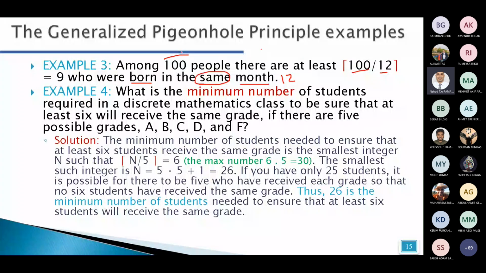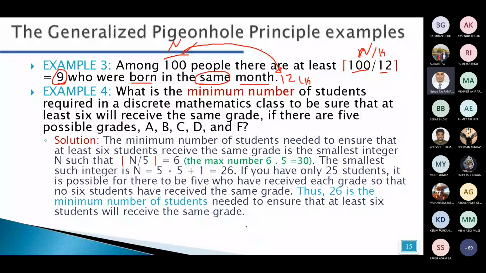So if we have 100 people and we want to distribute them over the 12 months, we are sure that we have this N, this K. So we have N divided by K. So we have at least 9 people born in the same month. Okay.